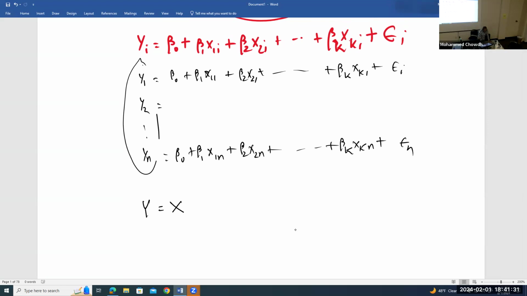And these betas you can write as a beta vector. For example, y equal to what? Let me write it here so that in your future life, you will never forget these things. And then x equal to what?